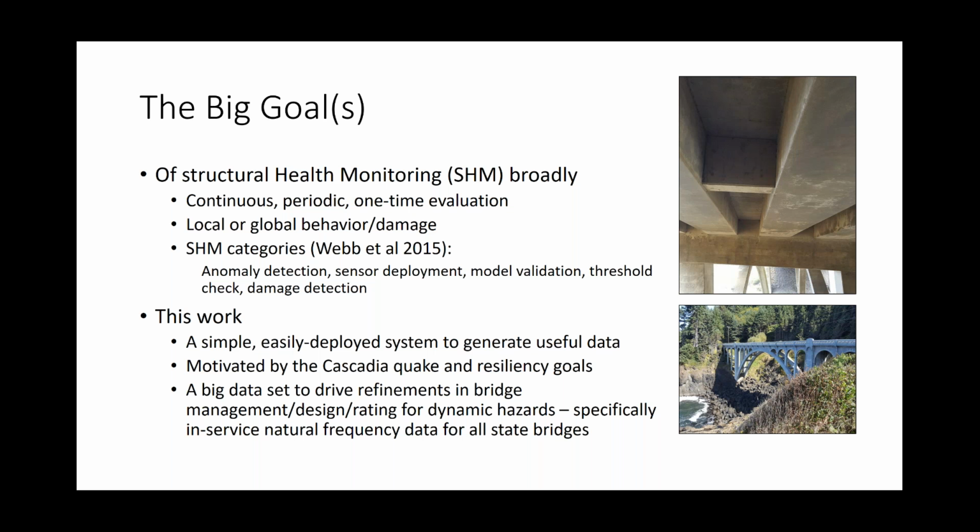Oftentimes, these studies are done in concert with model validation, so an analytical or a finite element model is developed and compared to laboratory or field results. In many cases, if structures are instrumented, they are instrumented in order to identify that a threshold has been exceeded, whether that's a strain level or a stress level.